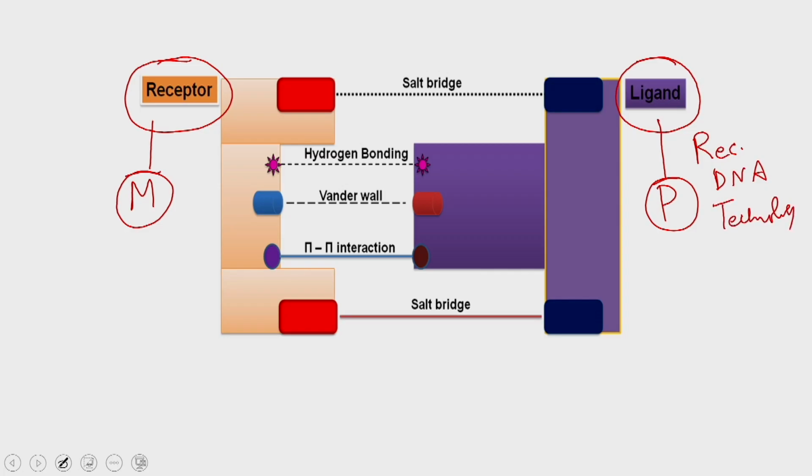It could be that you add this ligand onto the N terminus of the protein or to the C terminus of the protein. Similarly, you also have to generate the receptor. The receptor can be generated in different ways, and then you have to do coupling reactions to couple this receptor to the matrix.